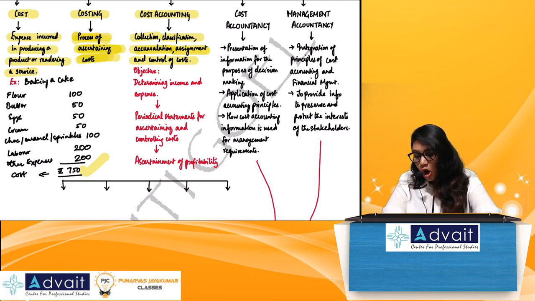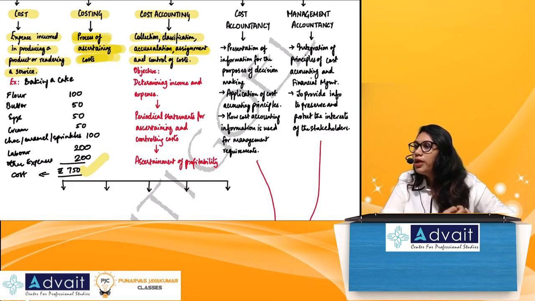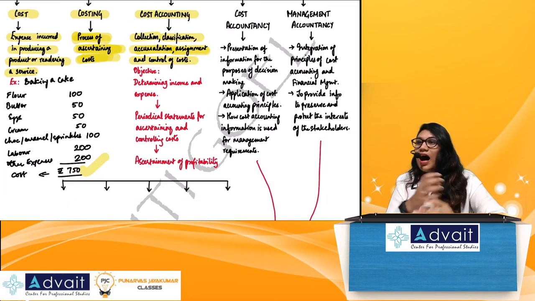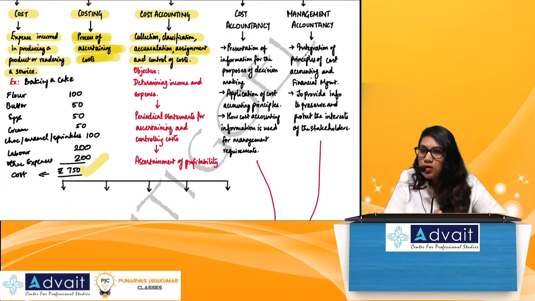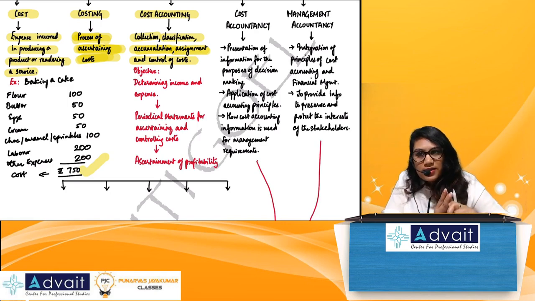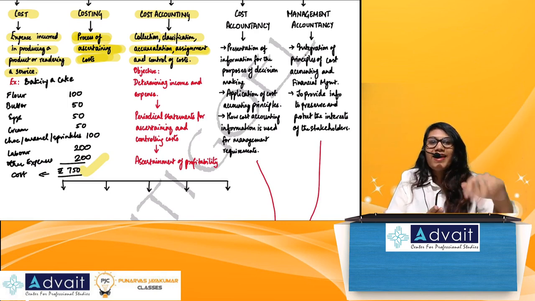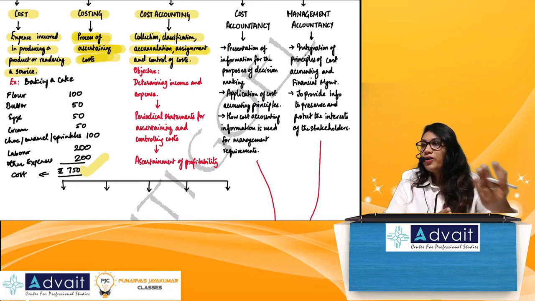So all of this together constitutes cost accounting. Cost accounting is nothing but accounting of those costs. Why do I need to account? Because only if I account, I will know what my revenues are, I will know what my expenses are, and if I have my revenue and if I have my expense, I can arrive at my profit.